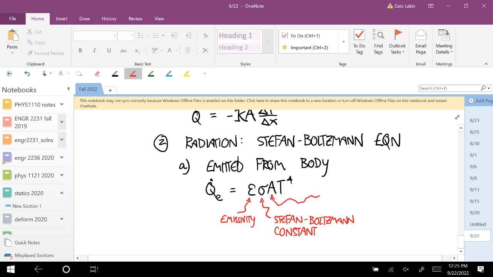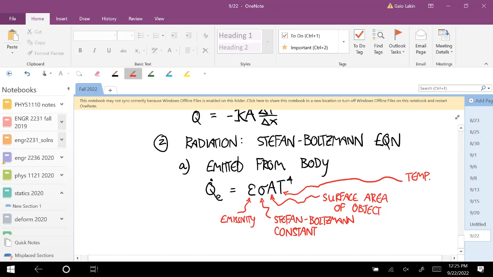E is the surface emissivity, A is the surface area of the object, and T is the temperature of the object, and that has to be on an absolute temperature scale.